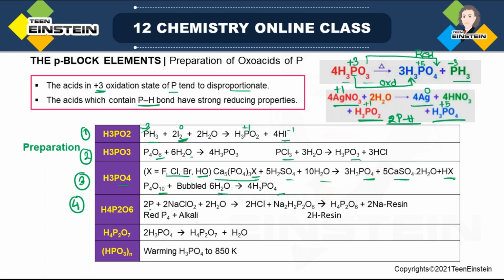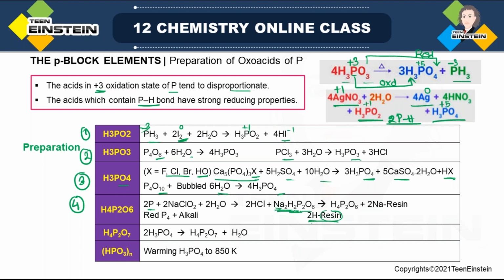Now for its preparation, we take phosphorus, and here first we get Na2H2P2O6, but this is not the final product. See, here we have 2 sodium and 2 hydrogen. If you pass this compound through hydrogen resin, where the resin is a polymeric compound with hydrogen atoms attached to it, the 2 sodium atoms will be replaced by 2 hydrogen.